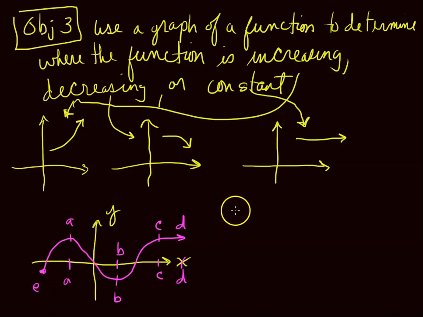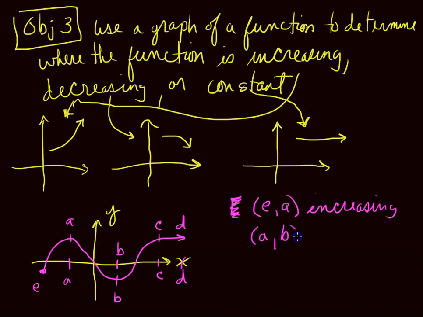So, from the interval, and you can use open or closed. I guess most mathematicians might use the open. From E to A, is it increasing, decreasing, or constant? Well, that would be increasing, right? From A to B would be decreasing.